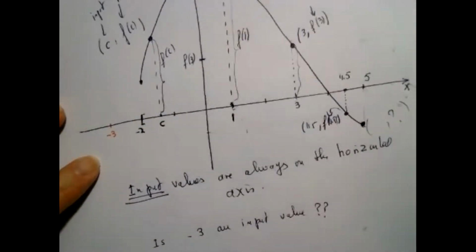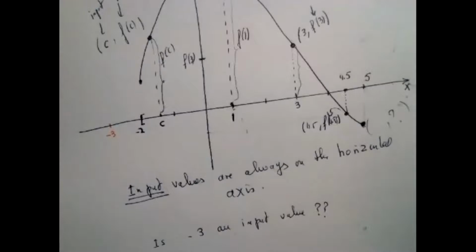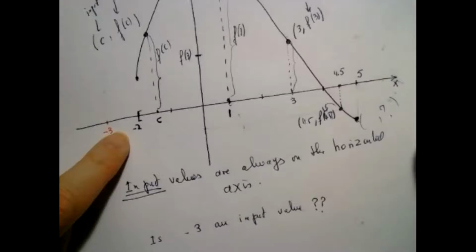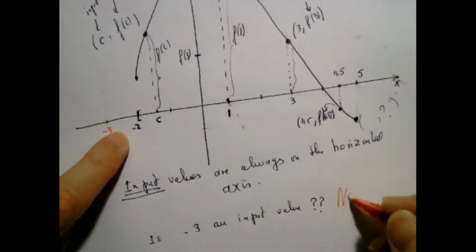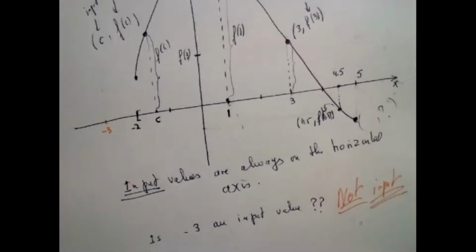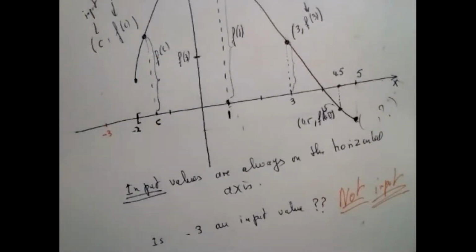The picture I gave you, can you tell me what f of -3 is? According to my picture, you should draw the line until you hit the curve, but there is nothing. So it's not an input value. It's not an input because I cannot tell you what f of -3 is.